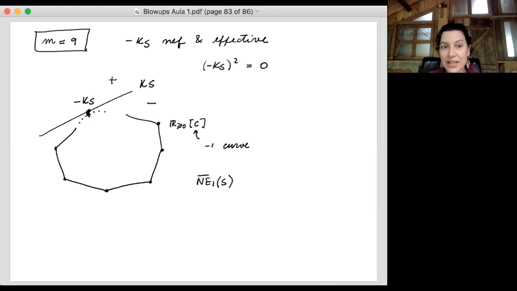I leave you as an exercise to find out what this polyhedral fundamental domain is, under which the Weyl group acts to cover the whole Mori cone.